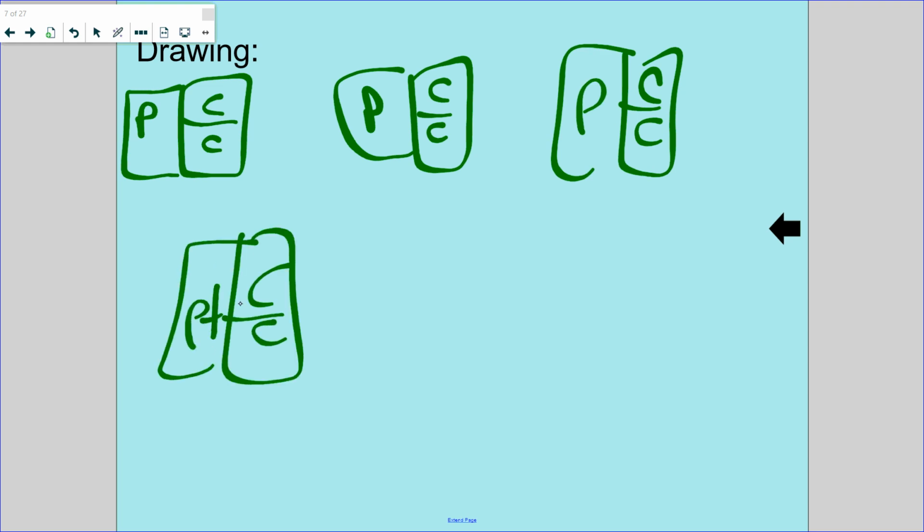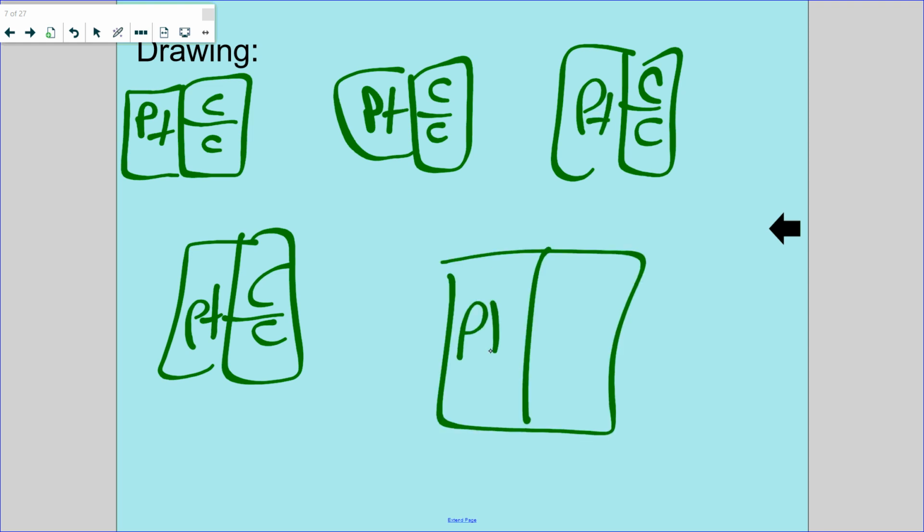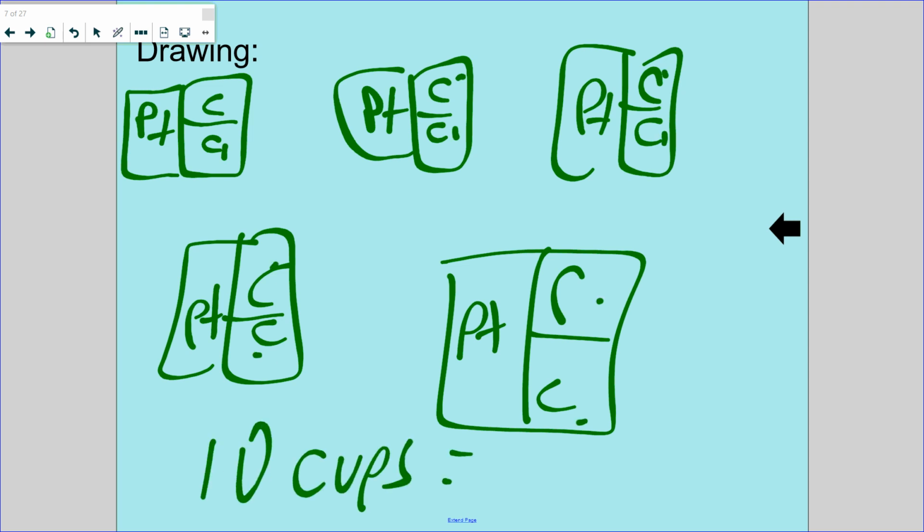And then cup, cup makes a pint. So I see 1, 2, 3, 4, 5, 6, 7, 8, 9, 10. So there are 10 cups. How many pints do you see? 1, 2, 3, 4, 5 pints. So you could do it using the drawing method.